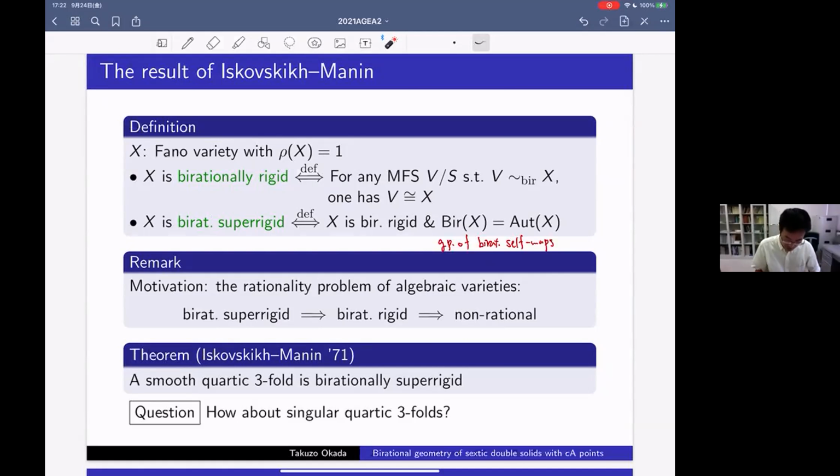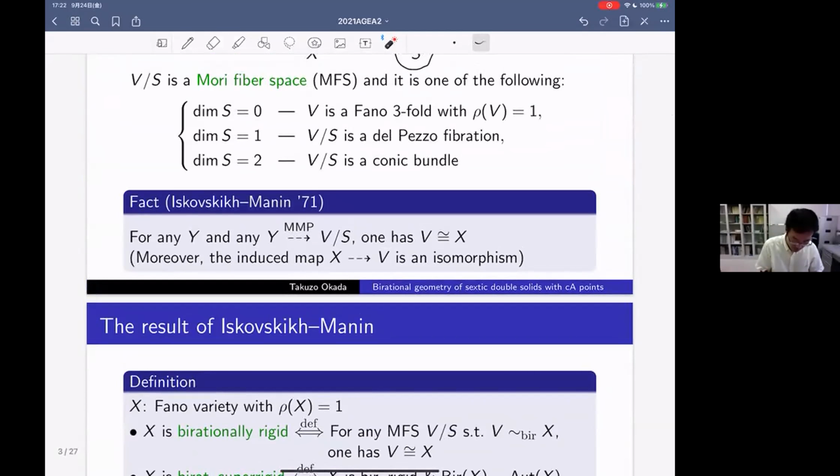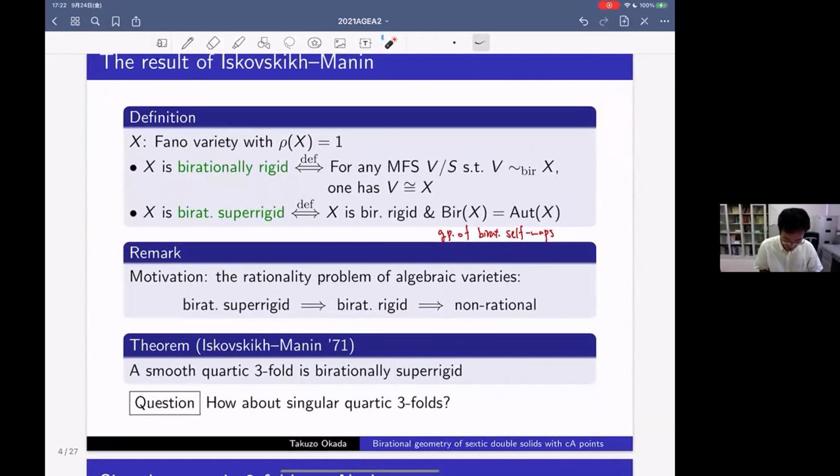With this definition, the previous results can be rephrased as follows. A smooth quartic threefold is birationally super rigid, so it is not rational. And the question is, how about singular quartic threefolds? What happens for singular quartic threefolds?